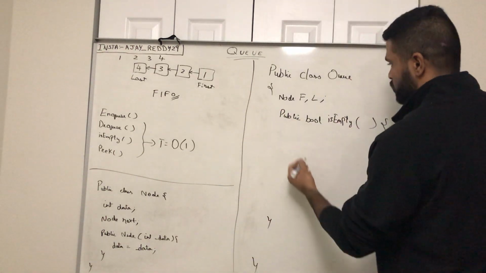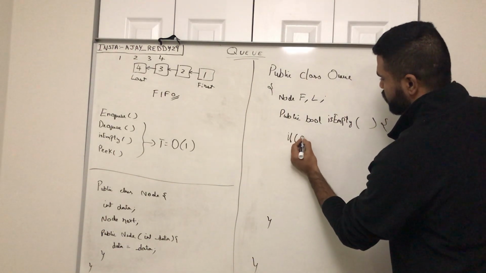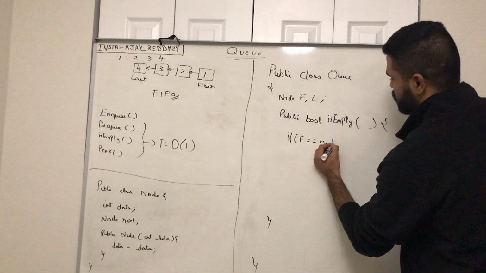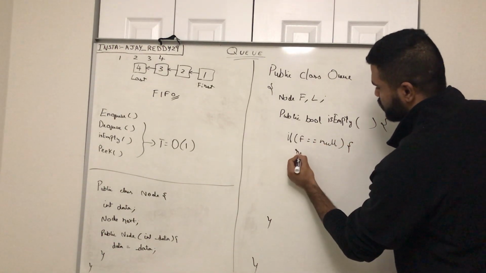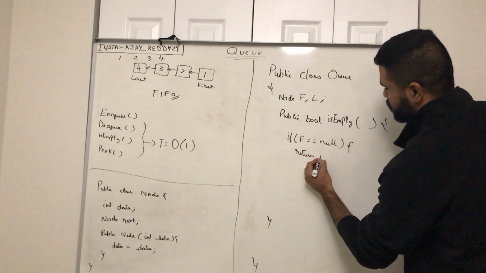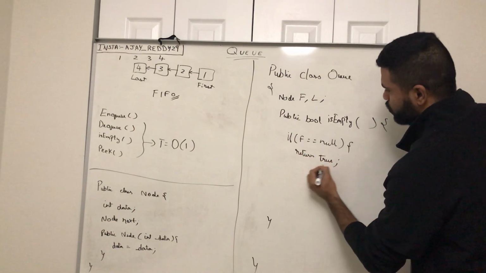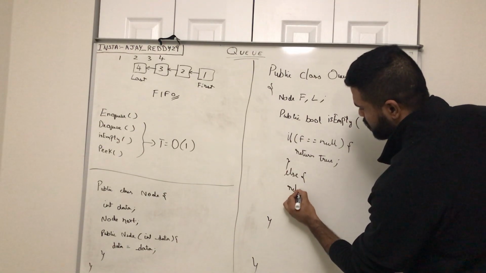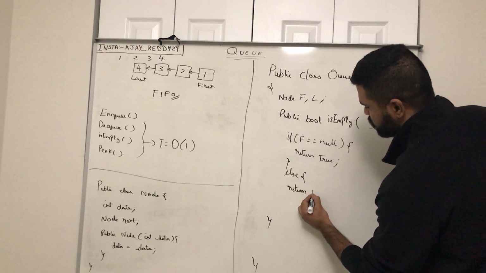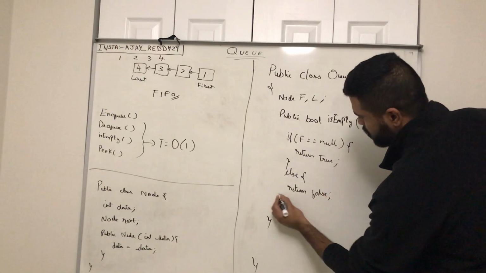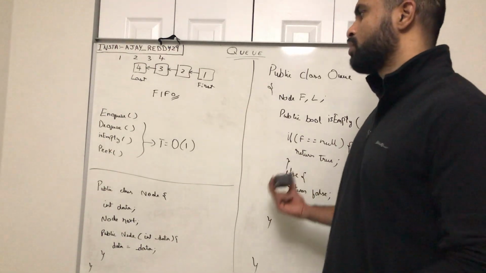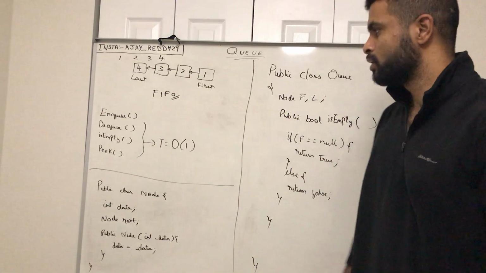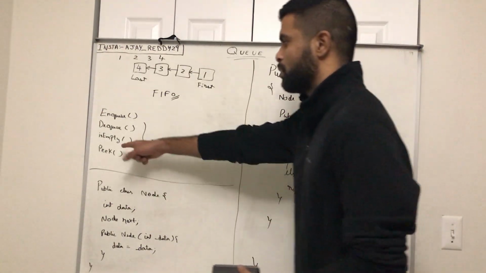So we can simply write an if condition: if f equal to null, that means the queue is empty, so we'll return true, else we'll return false. So this is a simple implementation for the isEmpty method, and let's see how we can implement peek.